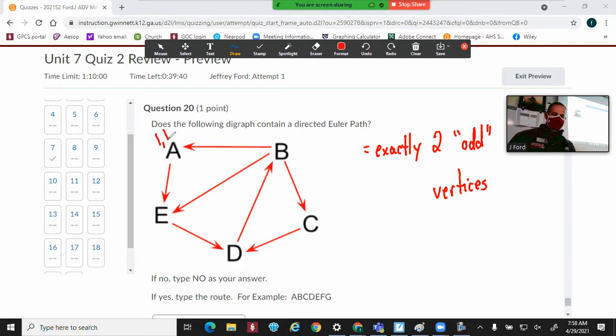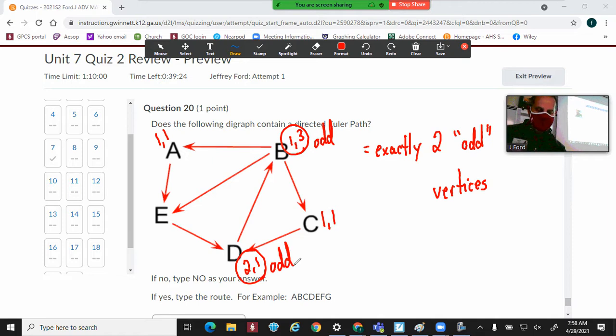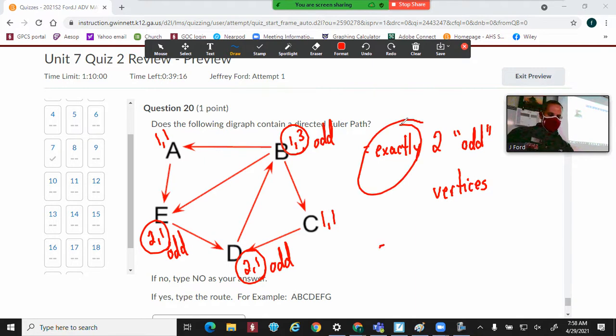But if you look at B, you have an in degree of 1, out degree of 3. That is a mismatch, so that would be considered odd. There's one. C is a 1 to 1. D is a 2 to 1. That's another odd. And then lastly, E is a 2 to 1. That's another odd. There's 3 odd ones. I need exactly 2. So the answer would be no.